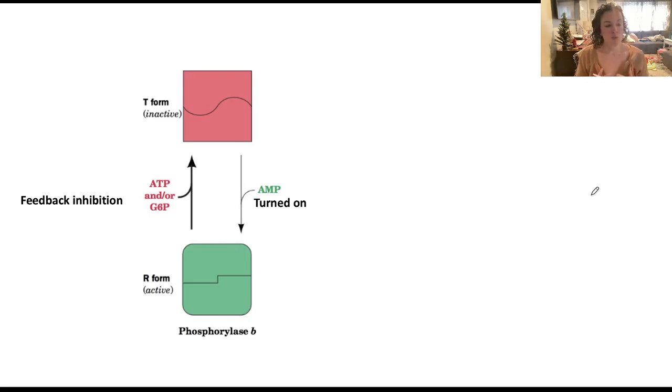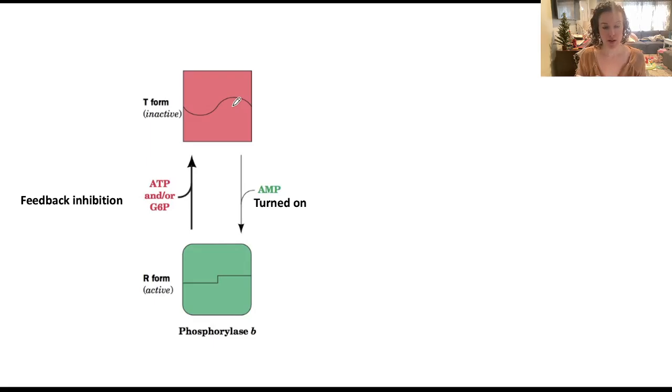Let's start with talking about this enzyme when it is not phosphorylated, because this enzyme is also controlled through phosphorylation. The enzyme is in the T state, or inactive state, generally when it is not phosphorylated, but it can be turned on by the molecule AMP, adenosine monophosphate.